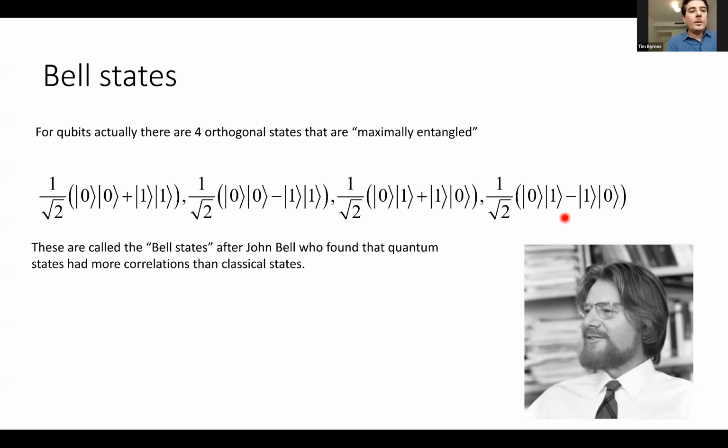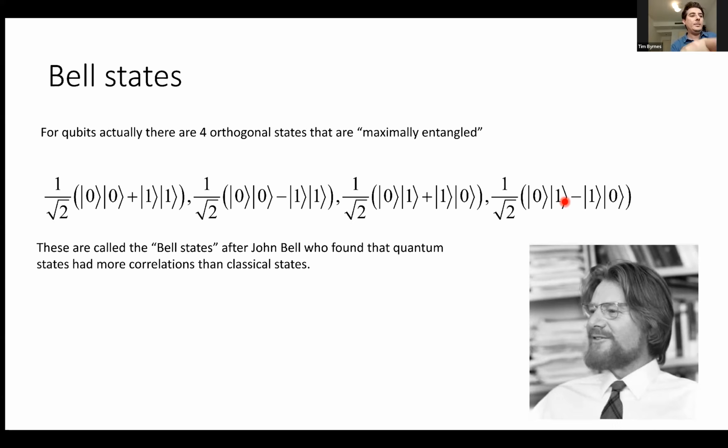These are commonly called Bell states, named after John Bell, whose work we're going to talk about a bit later. These states are significant because you can think of them as the most entangled states, the states which are least like these independent states.